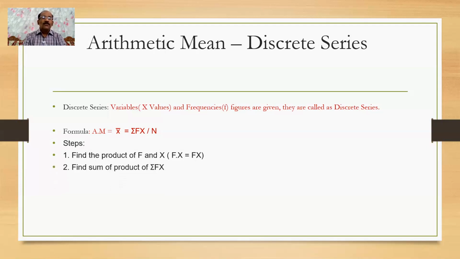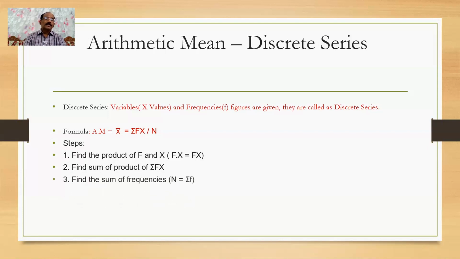Second step, find the sum of the products, sigma fx. In the first step, we calculated the values of fx, that means the products of f into x. In the second step, we have to sum the above products. With that, we get the sum of the total products, which is denoted as sigma fx.